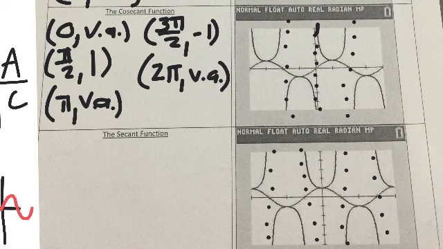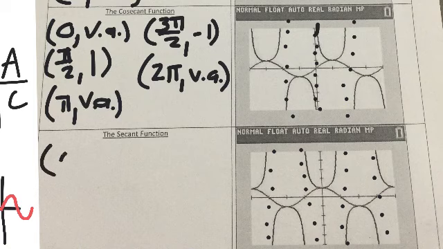What people get confused on is that cosecant does not cross the x-axis on its normal graph, before we do any transformations. So if I started here at +1, then that graph is going to stay above the x-axis. If I started at -1, then that parabola will be below the x-axis.